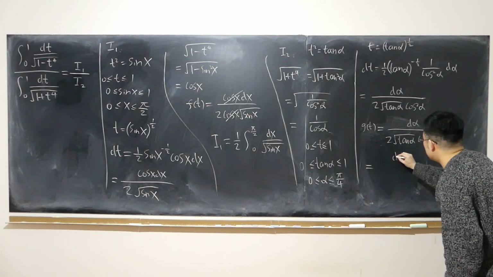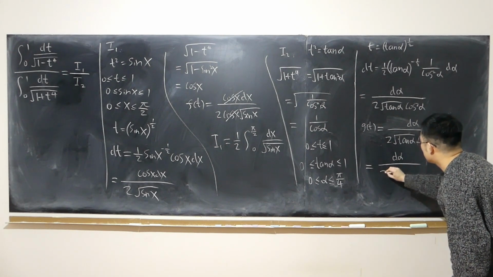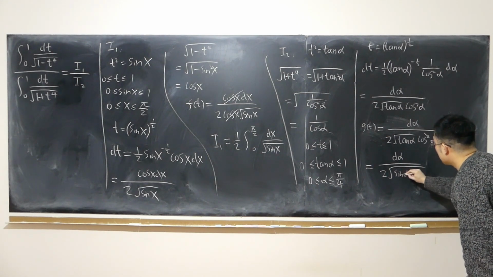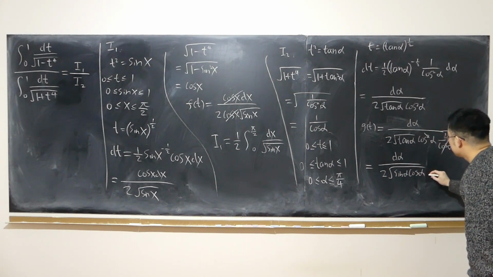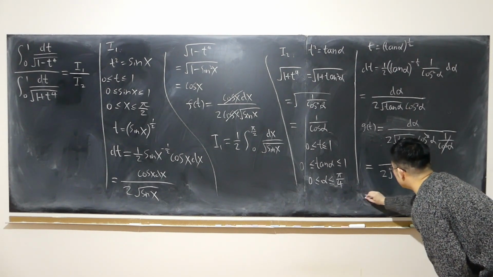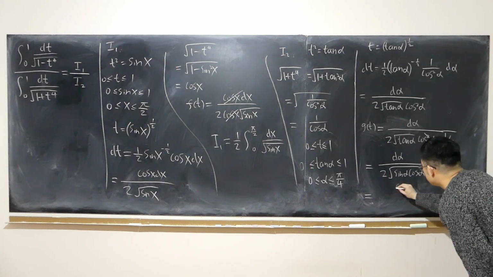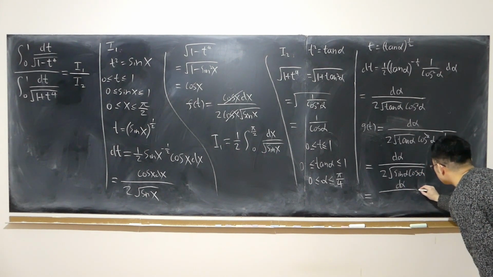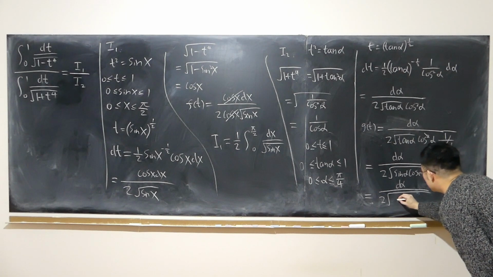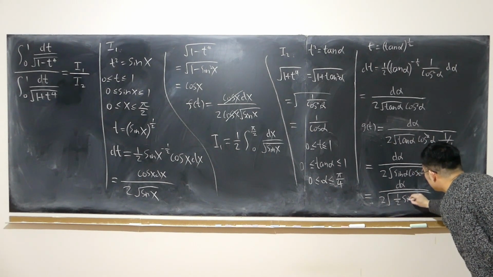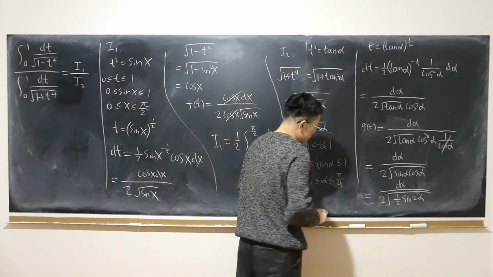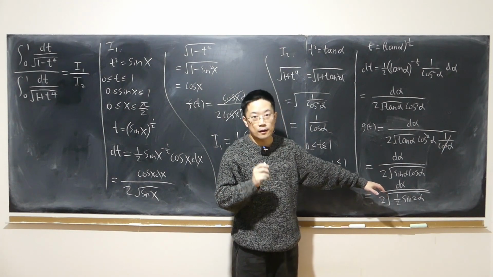So that is actually d alpha over twice the square root of sine alpha cosine alpha, and that is further equal, by the double angle formula, to 2 times the square root of half of sine twice alpha, because sine 2 alpha is equal to twice sine alpha cosine alpha.